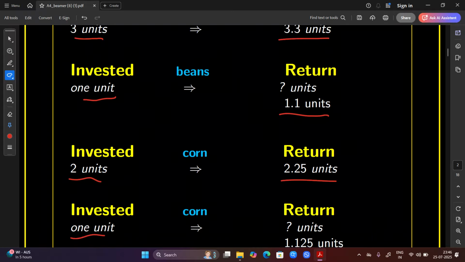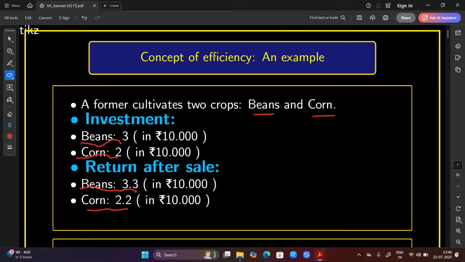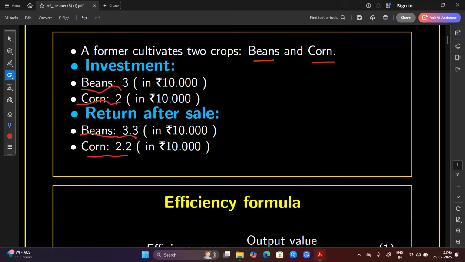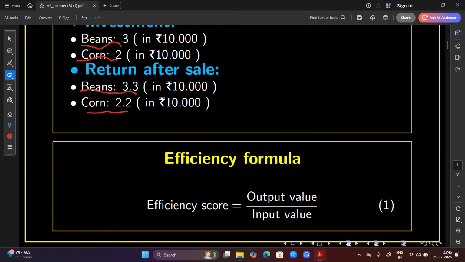This is nothing but output value divided by input value, that is the efficiency score. You can see here, efficiency score equals output value divided by input value. I have explained this concept in the previous video. Again, I am revising for better understanding.